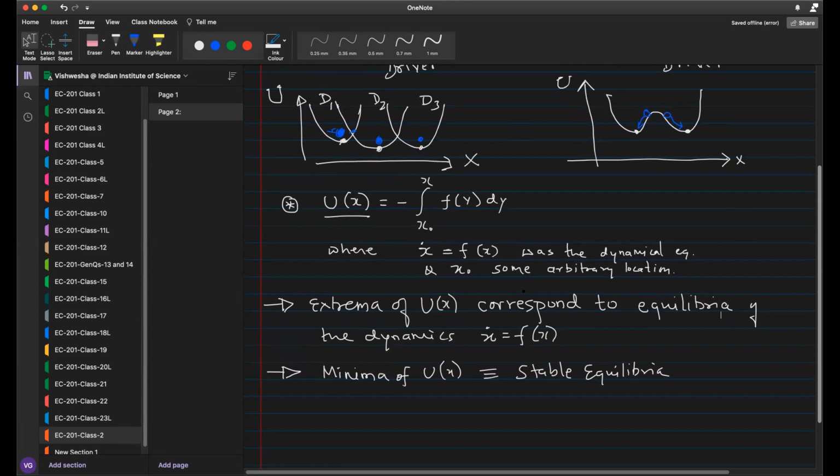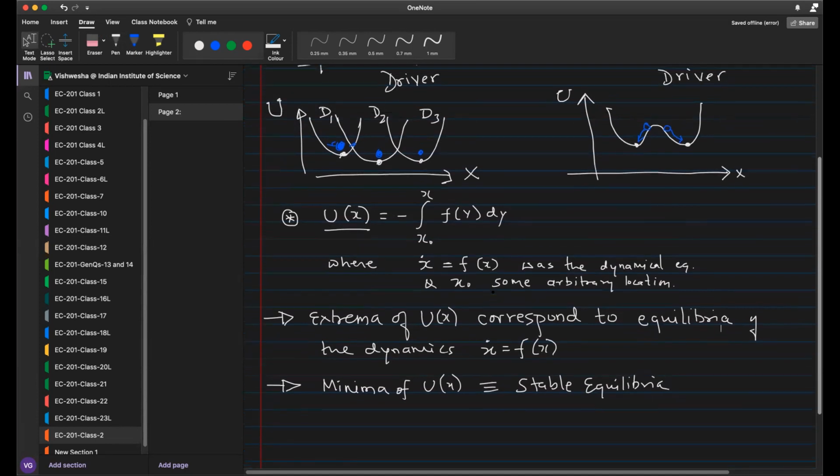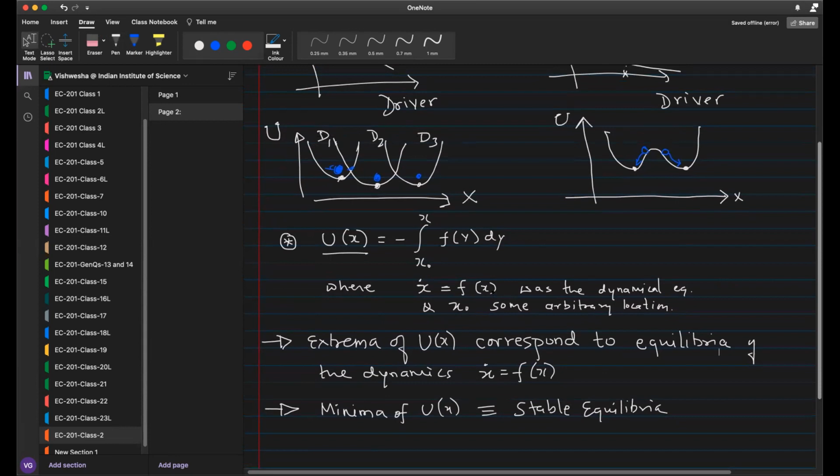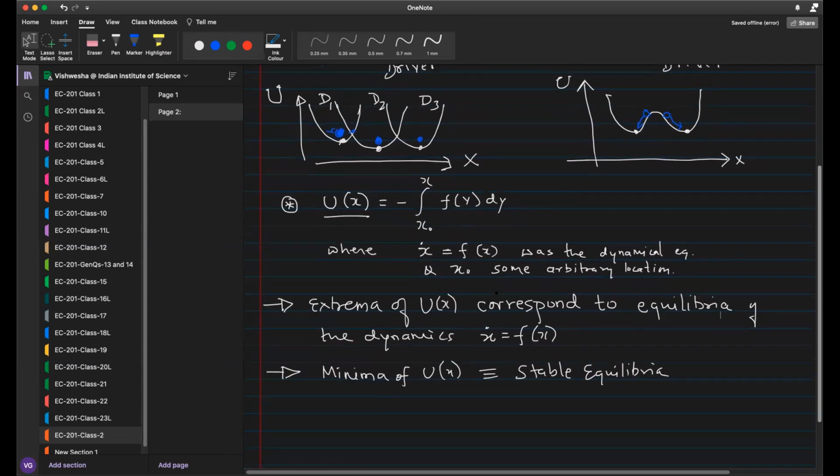It eventually settles down at the minima, right? So this is a very useful interpretation. It's not just useful, it's also a mathematically accurate interpretation, at least for one species dynamical models.